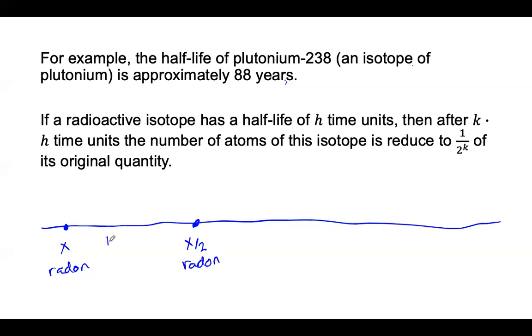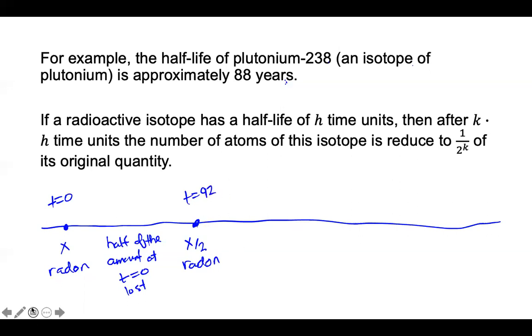So this would be half of the amount. Half is lost. We're starting at time equals 0, and then T equals 92 hours.